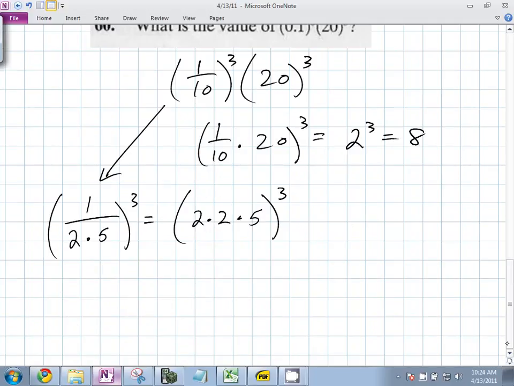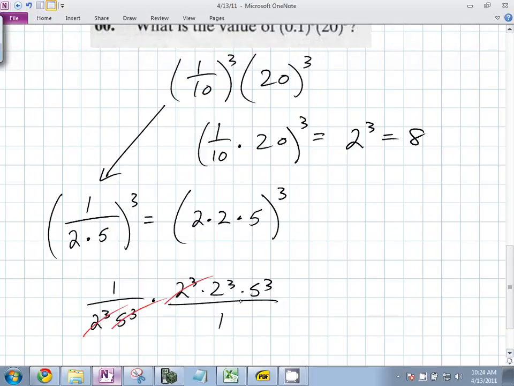Right. So you could, if you wanted to, write it out like this: 1 over 2 to the third, 5 to the third, times 2 to the third, 2 to the third, 5 to the third, right? What cancels? And what are you just left with? That's another way to look at it, okay? Just to look at it. There are times when you're going to need to do that to simplify nicely.